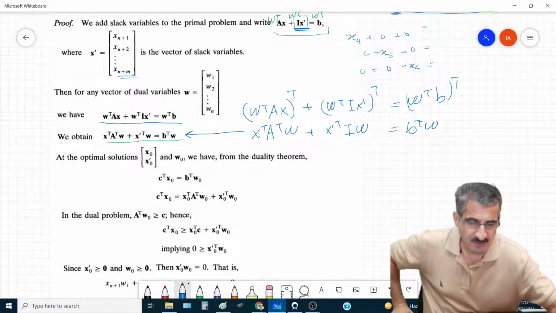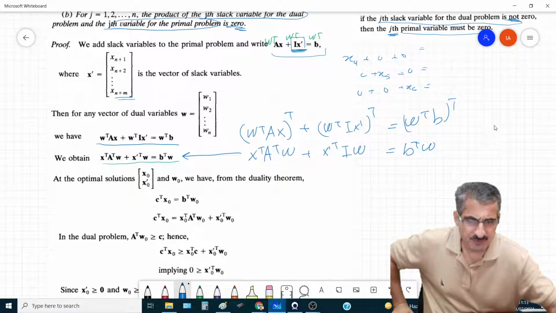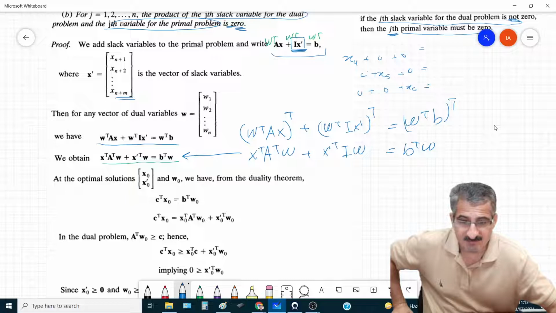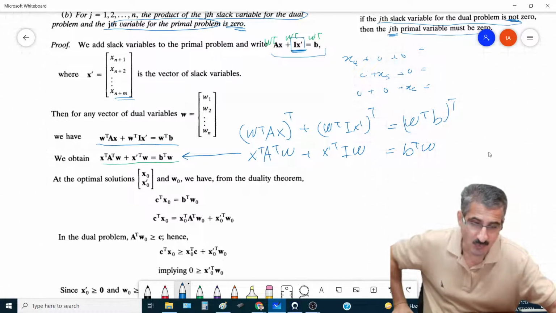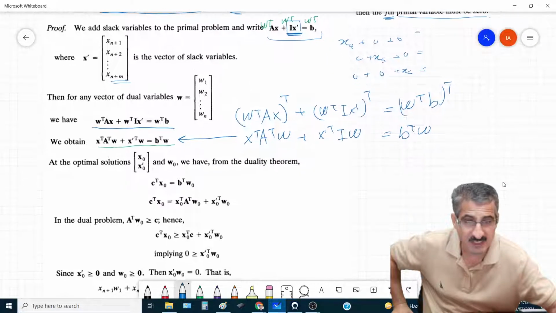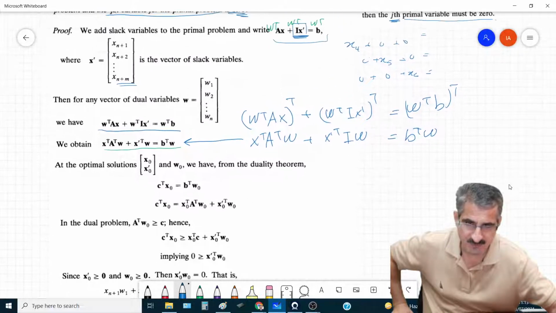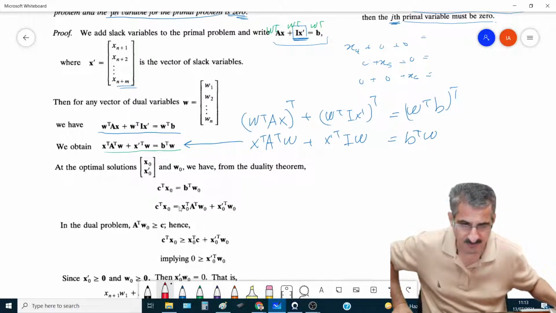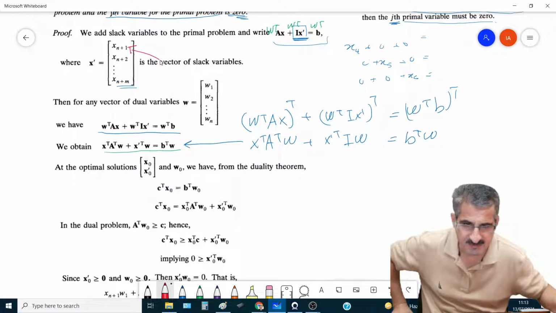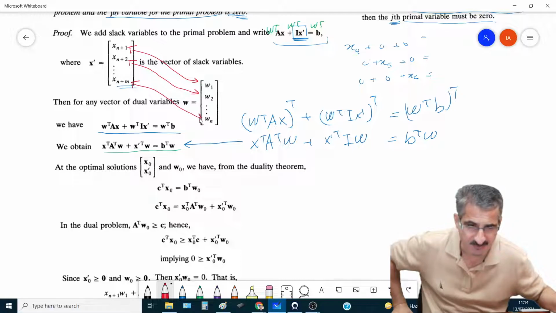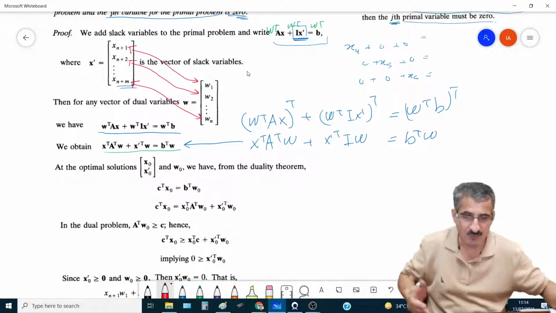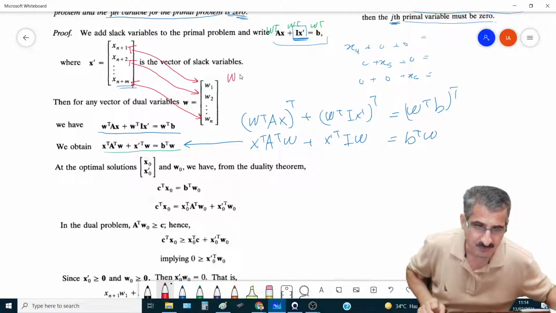Okay, remember what we want to show, that either x_{n+i} is 0 or w_i is 0. So this is what we are saying. It is either this 0 or that 0, this 0 or that 0. So the multiplication of this and that is 0. So actually, we want what?